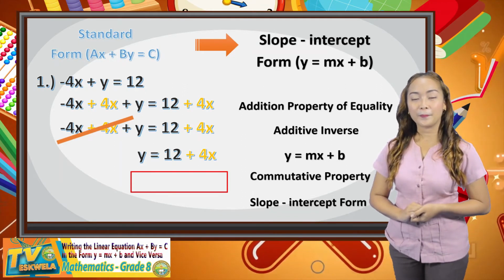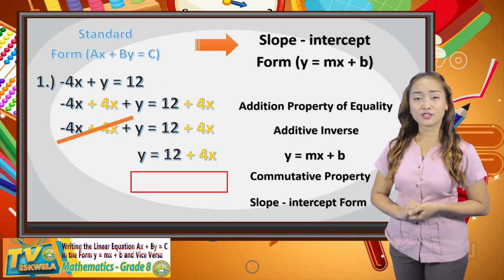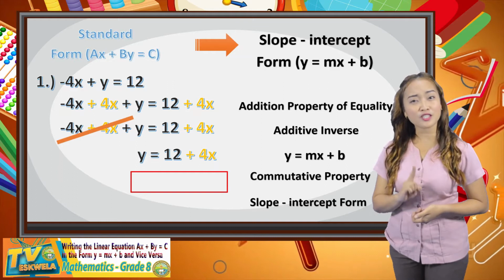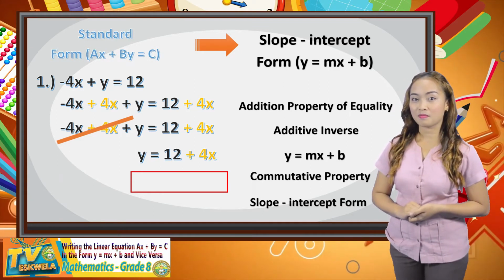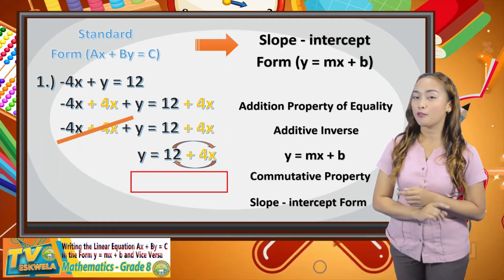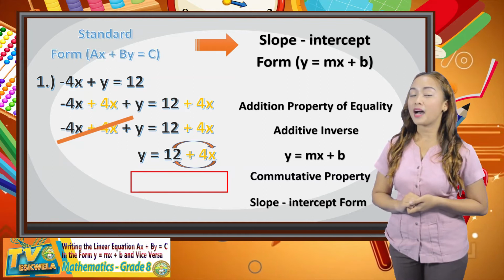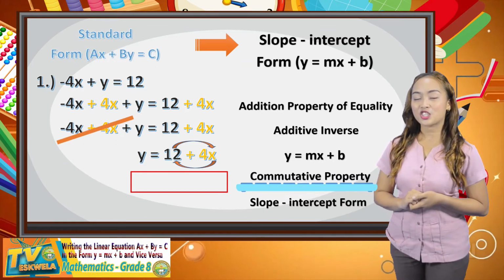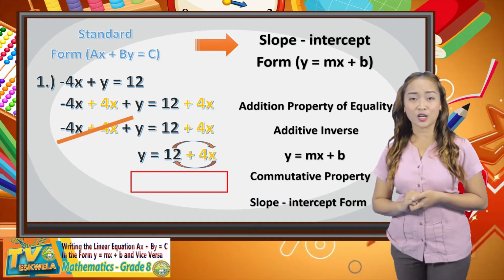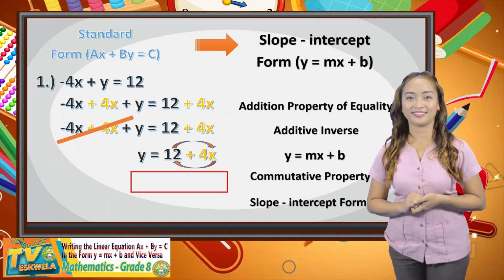Next, based on the slope-intercept form, the slope must be the first term followed by the y-intercept. So let's exchange 4x and 12. By the commutative property of equality, changing the order of these terms does not change the result of the equation.